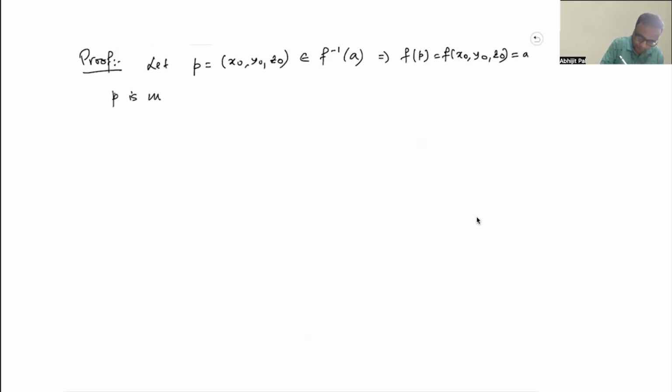So this implies that this differential map is surjective.